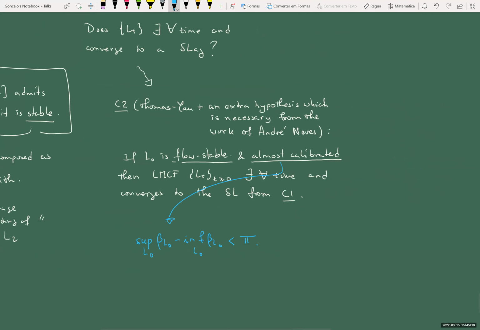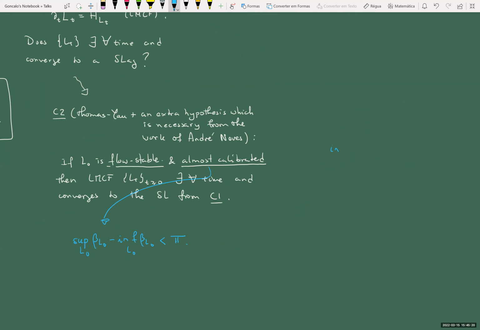If you think in the case of curves, where beta of L naught is the angle with a fixed line, then this means that the velocity vector takes values in a half space. So something like that. It never varies more than in a half space.